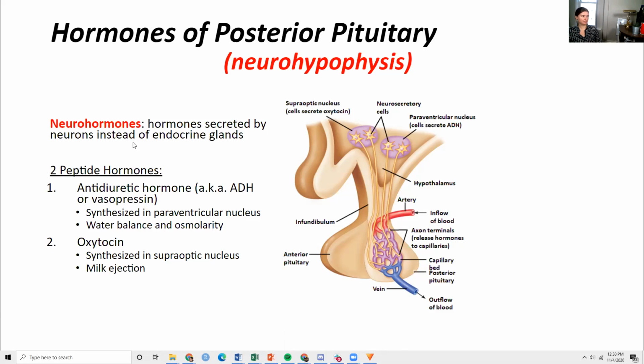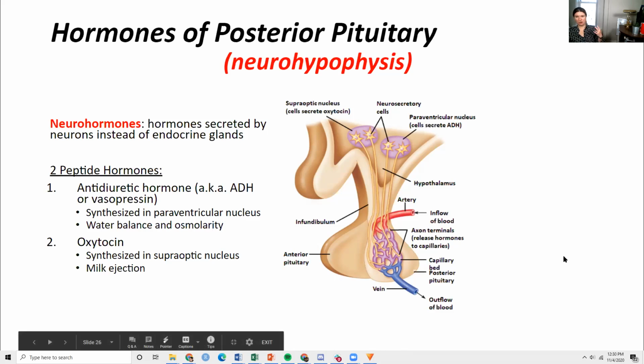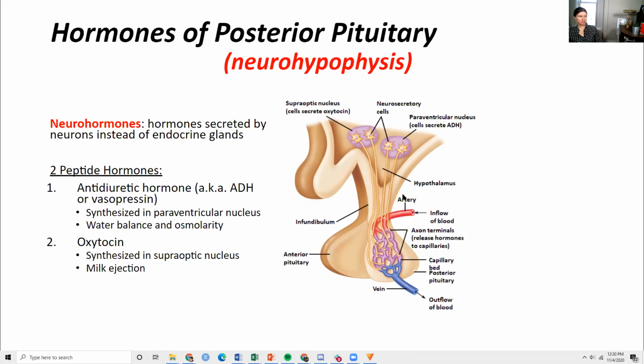That's why it's specified. Okay, so ADH and oxytocin are coming from the posterior pituitary. And part of the reason I say this is easier than what's going on in the anterior pituitary is not just that there are only two of them, it's also because of the way they get released.